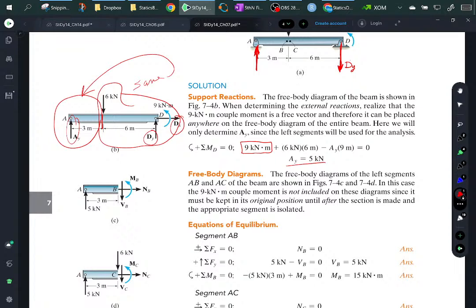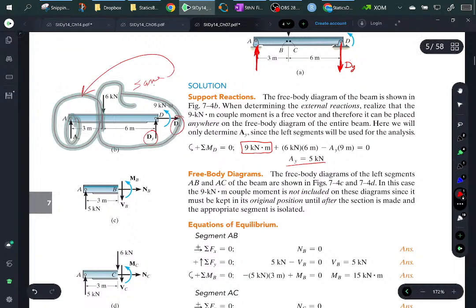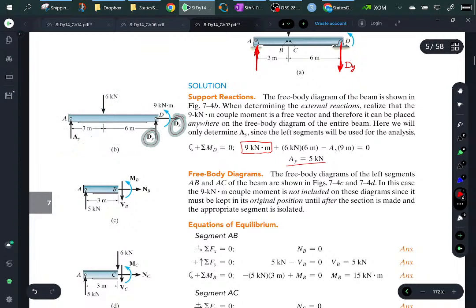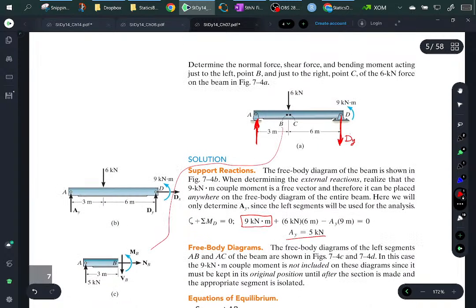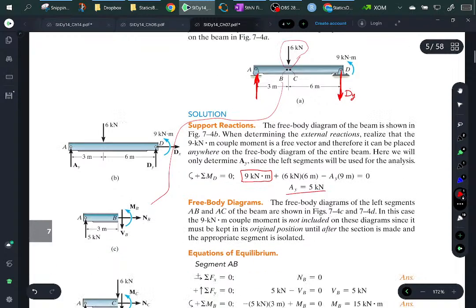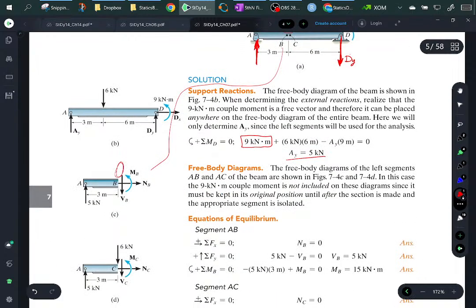So here you go. You look at this, you've sliced it. He has sliced it at B. Notice that B is slightly to the left of this 6 kilonewton load, so it is not drawn here. But when you pick up C, it is drawn.